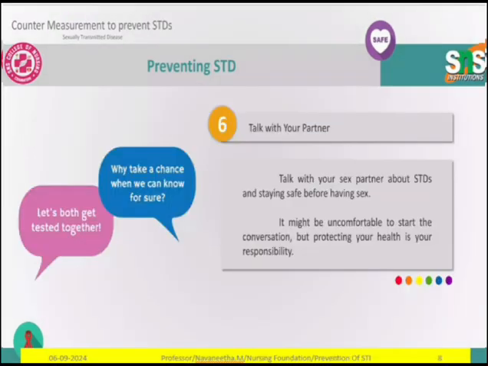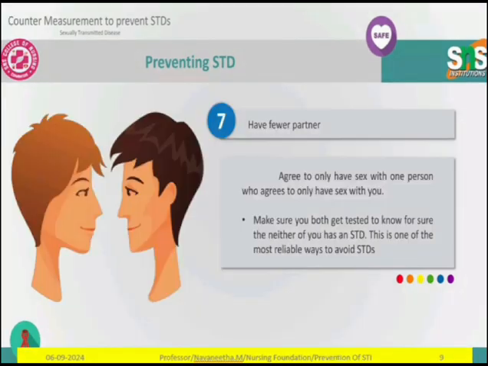The next prevention is to talk with your partner. Talk with your sex partner about STDs and staying safe before having sex. It might be uncomfortable to start the conversation, but for protecting your health, it is your responsibility to talk and clear your doubts. After any person gets treatment, only after that should you go for sexual intercourse.